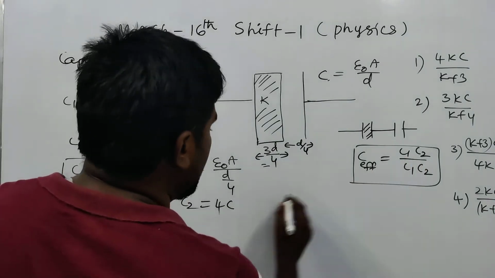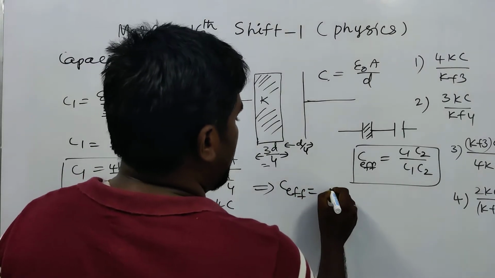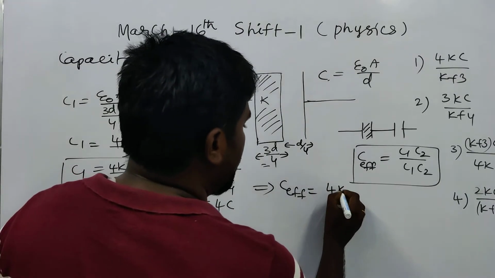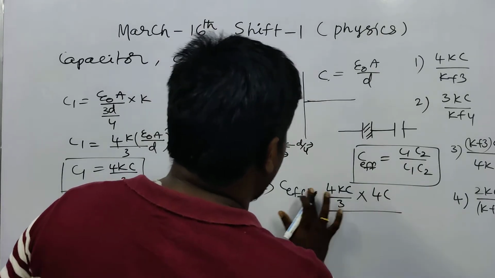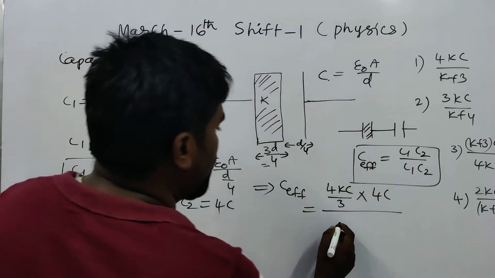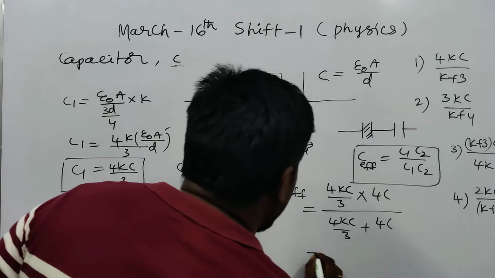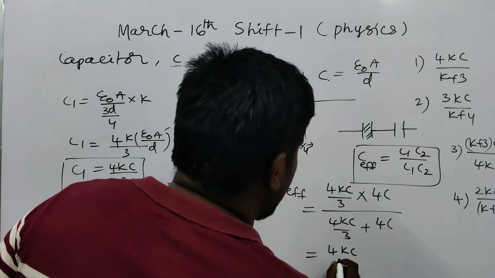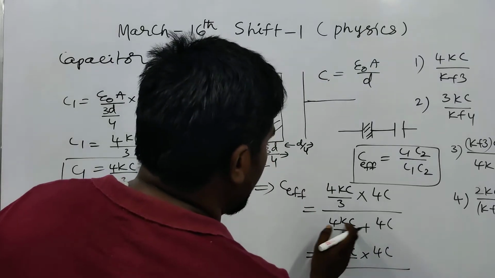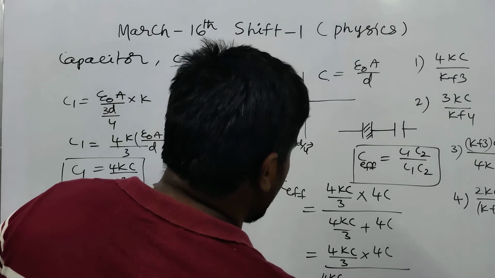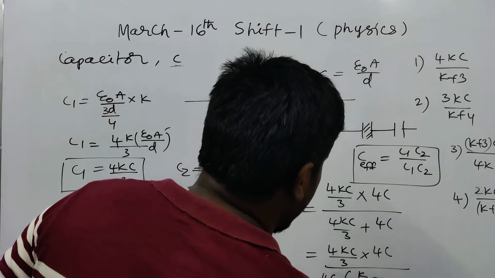Now substituting, C effective is equal to 4KC by 3 into 4C, divided by C1 plus C2, that is 4KC by 3 plus 4C. Here 4C is common, and the denominator becomes K by 3 plus 1.